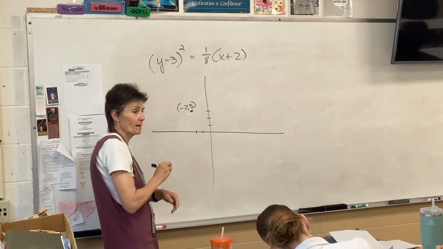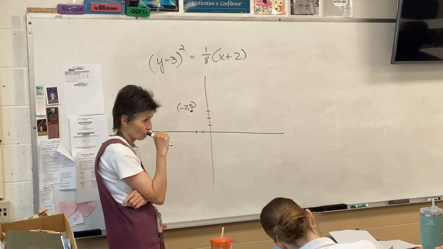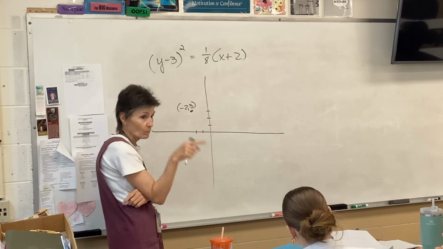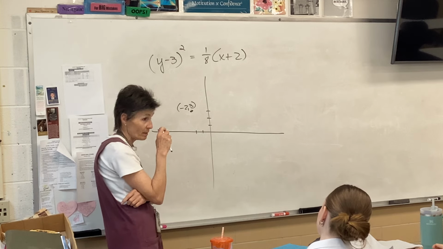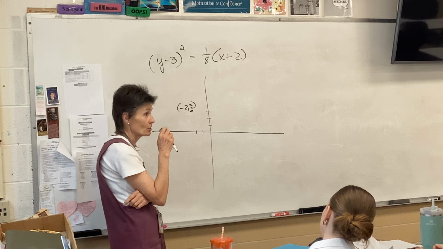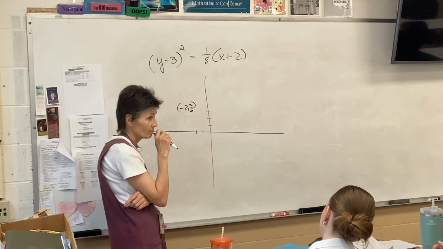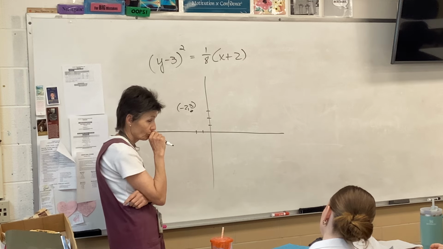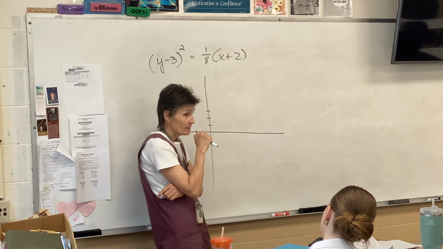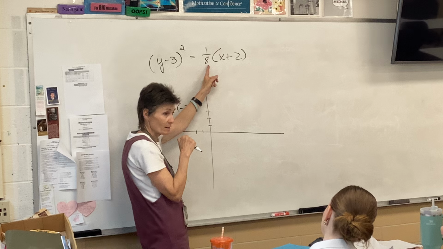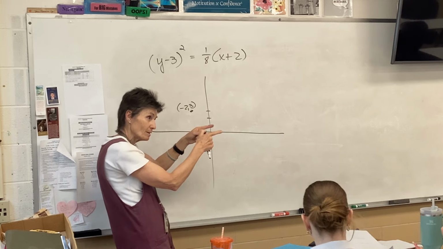Now, what's different about this one? Look at y is squared. How do you think that changes things? That's a big change. It opens sideways, exactly. And since that number is positive, it's gonna open to the right.